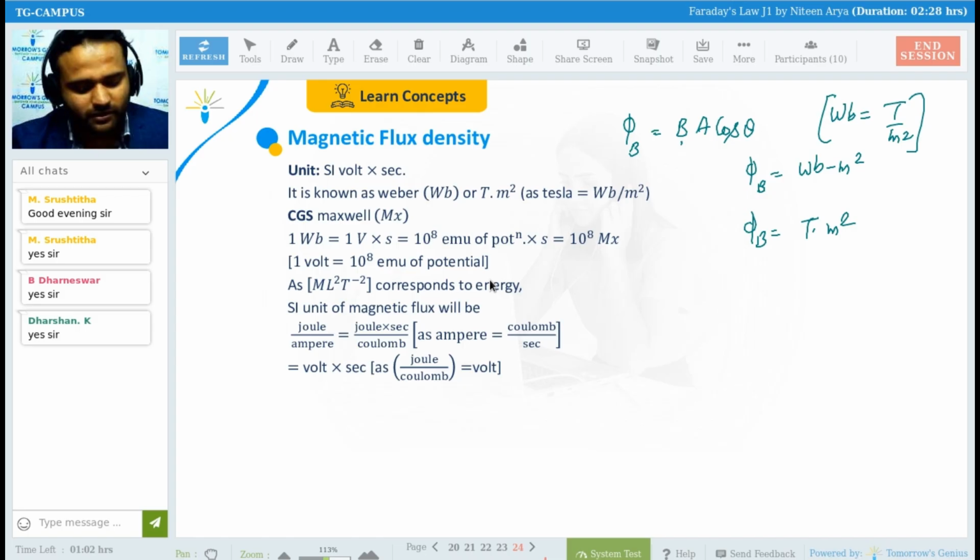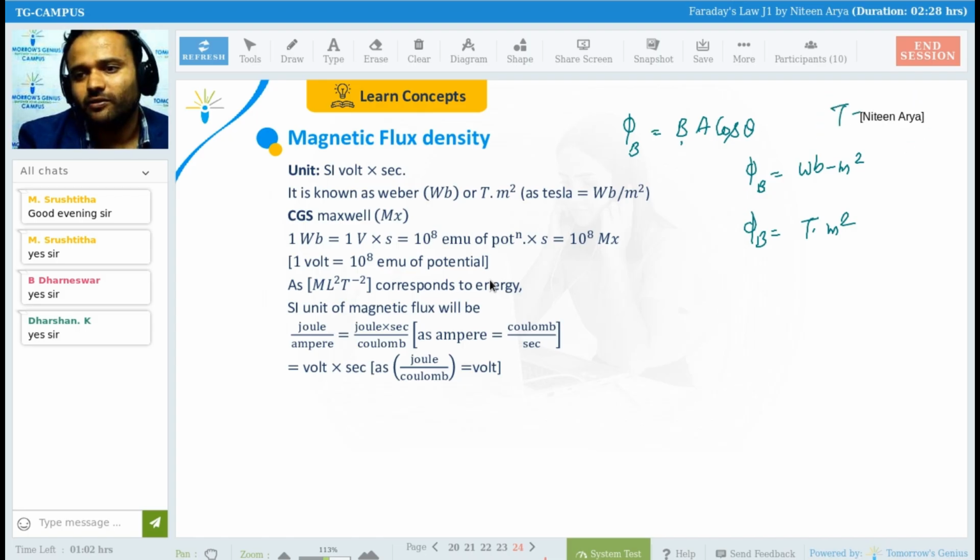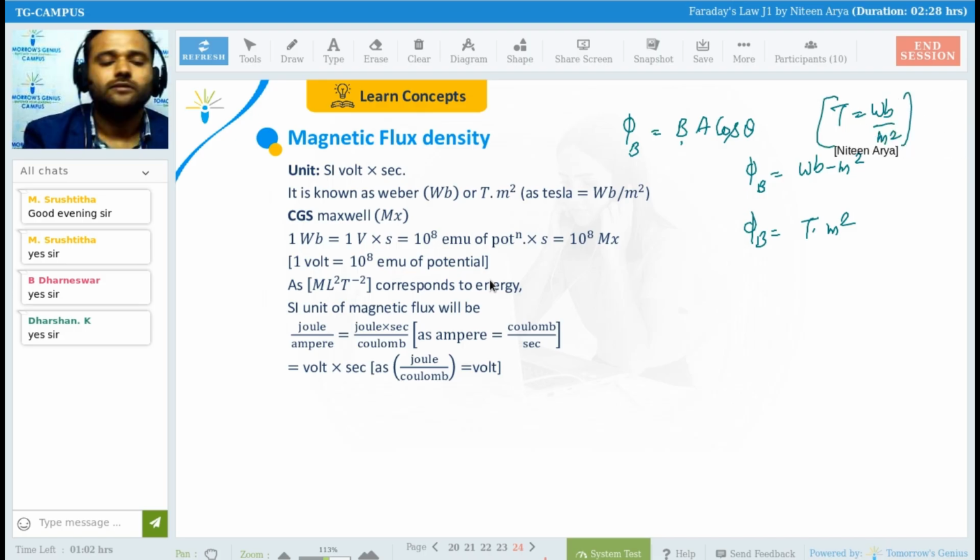These are just symbols. Even I get confused sometimes. 1 Tesla is 1 Weber per meter square, meaning magnetic field per unit area. That is the meaning. So the SI unit is volt into second, or Weber directly, or Tesla into meter square.